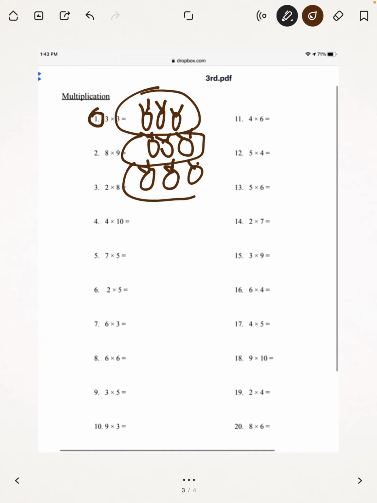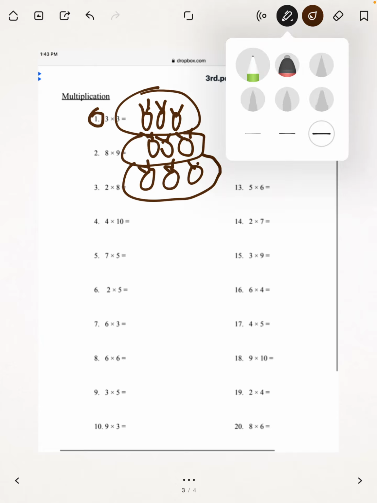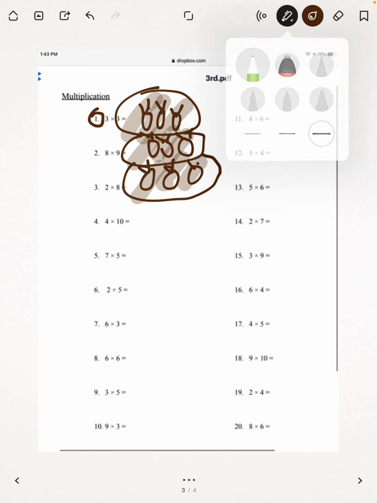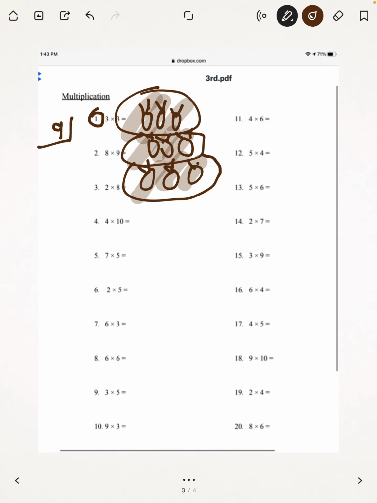So as you can see, I've just drawn 3 little drawings. So I've drawn 3 sets of 3. So we're just going to count. 1, 2, 3, 4, 5, 6, 7, 8, 9. And our answer is going to be 9.